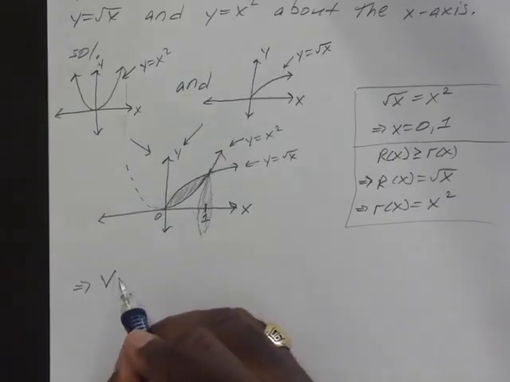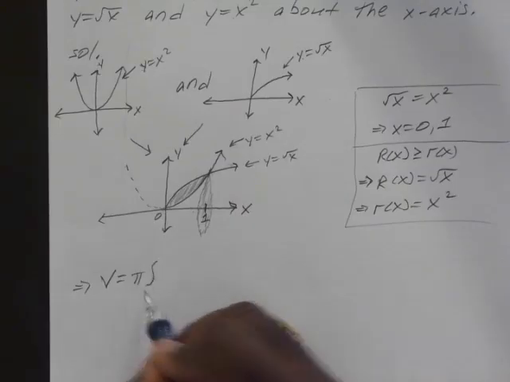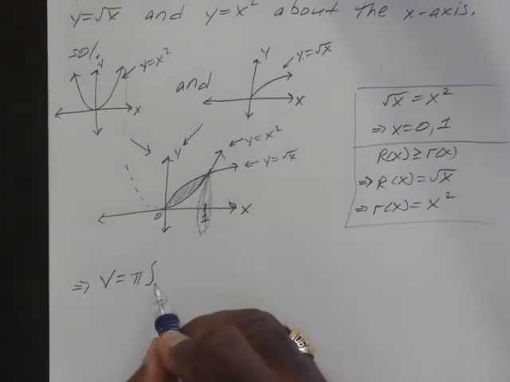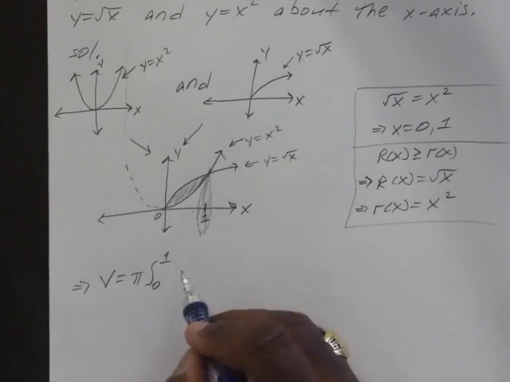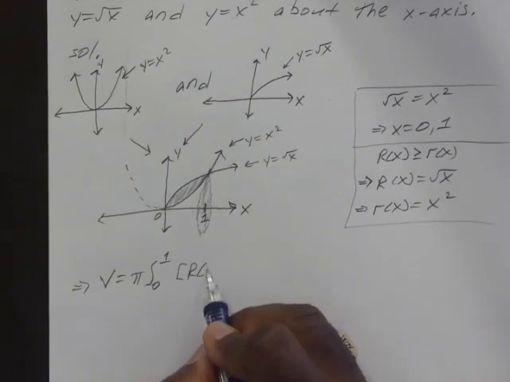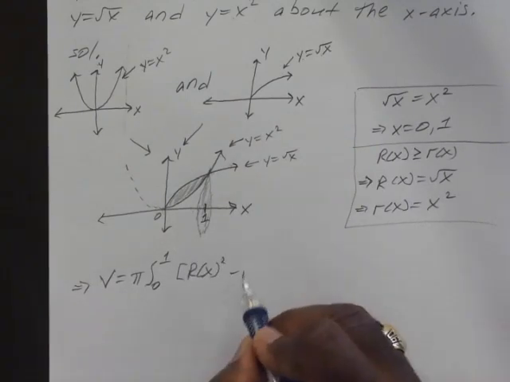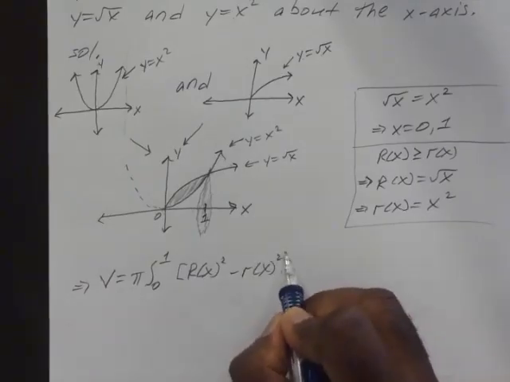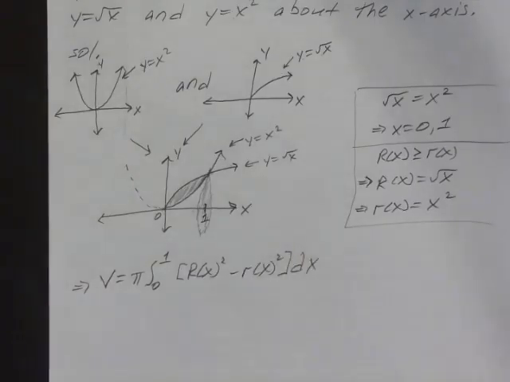Okay, so we know that our volume will equal pi times the integral from 0 to 1 of our outer radius squared minus our inner radius squared with respect to x.